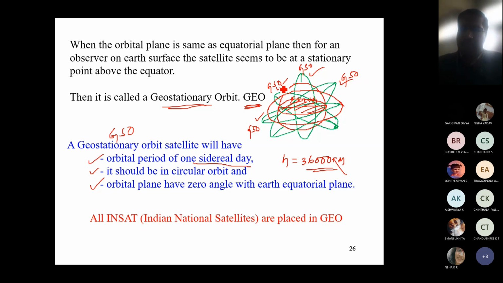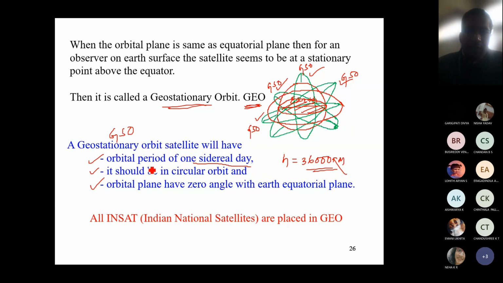The orbital height of geostationary orbit and geosynchronous orbit is the same. The only difference is that geosynchronous orbits can be many with different inclination angles with respect to the equatorial plane, whereas the inclination angle of geostationary orbit with respect to the equatorial plane is 0 degree. So note the difference between geosynchronous orbit and geostationary orbit.